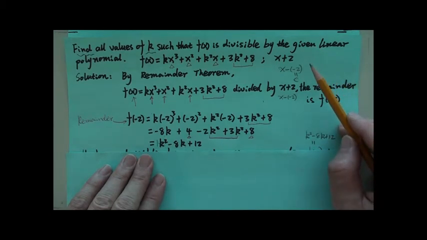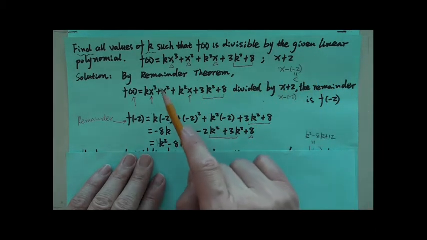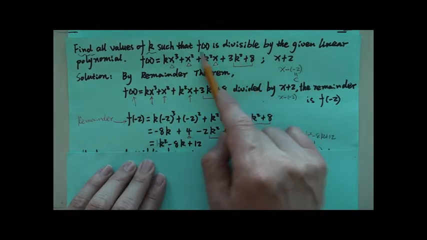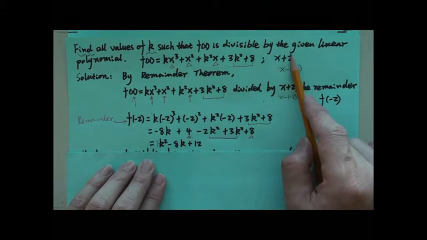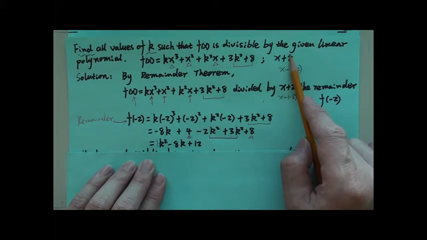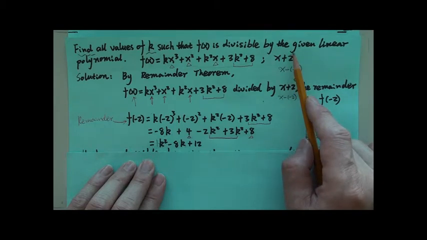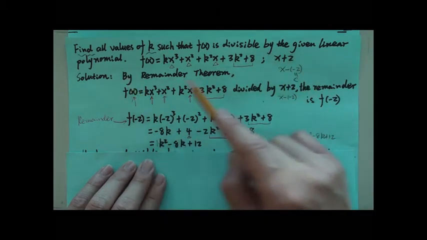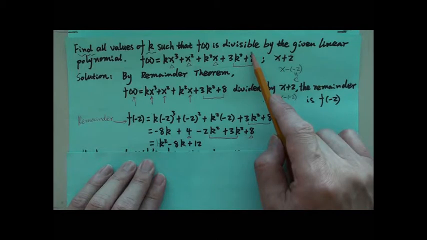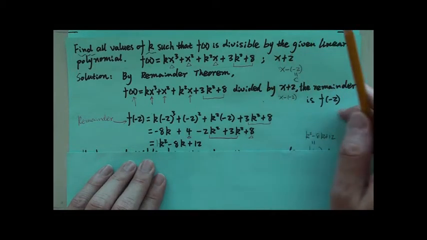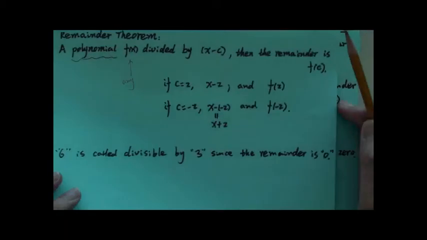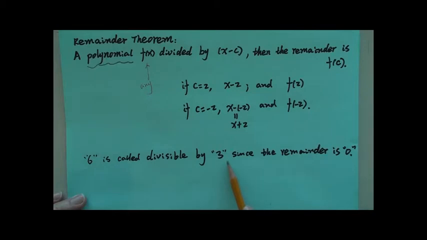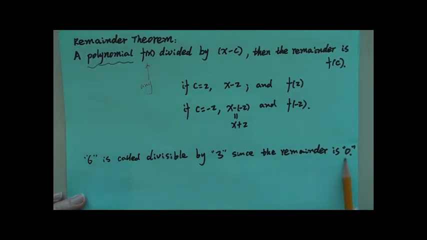By the given condition we know this is the remainder, but this polynomial divided by this one should have remainder 0. Why? It's because f of x is divisible by a given linear polynomial. Divisible means the remainder is 0. For example, 6 is called divisible by 3 since the remainder is 0.